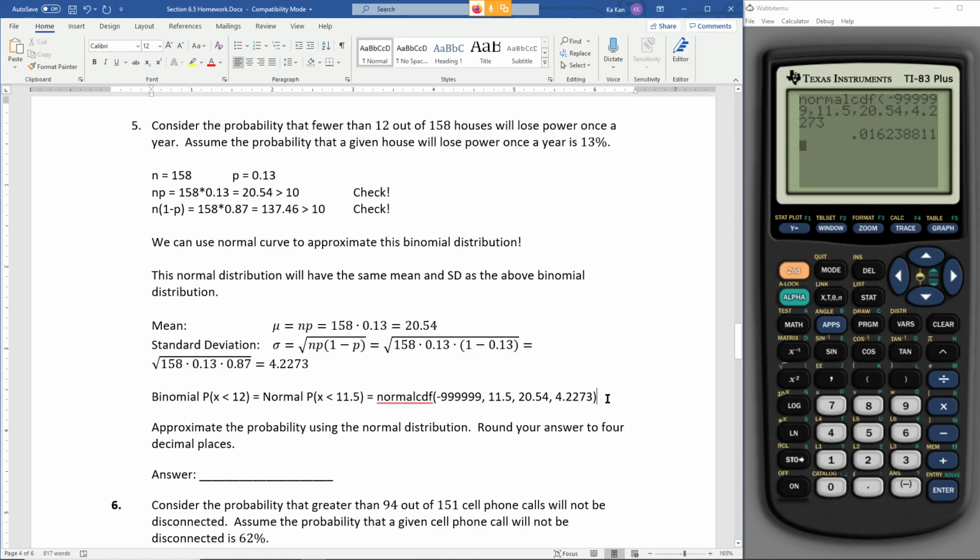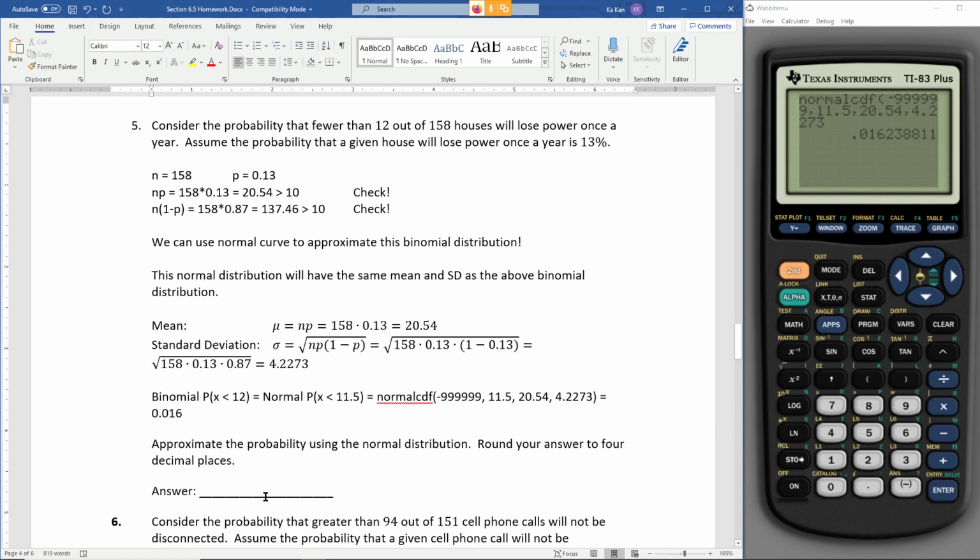So the answer is equal to 0.016. So in other words, that is 1.6% chance that you have less than 12 houses losing power out of 158, given the probability of losing power is 13%.